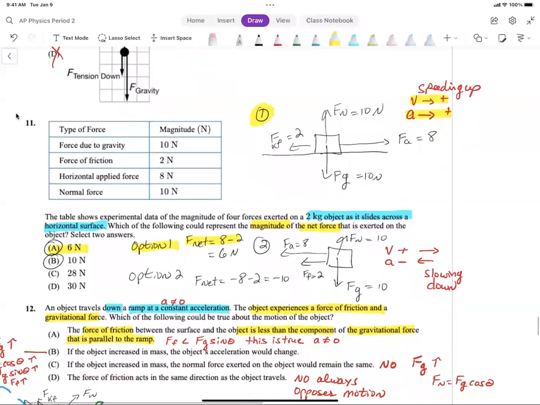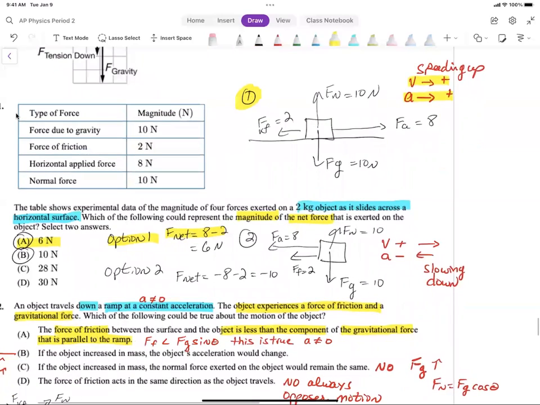What about option 2? This could also be happening. Here's my table, and force of friction could be to the left, and force applied could also be to the left. Well, wait a minute, Mrs. Carrieri, force of friction has to be opposing motion.